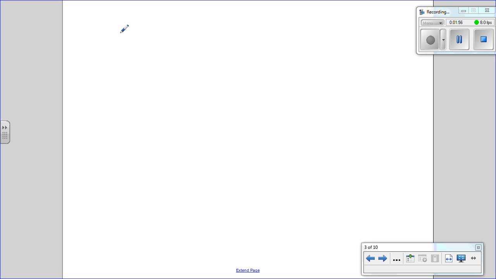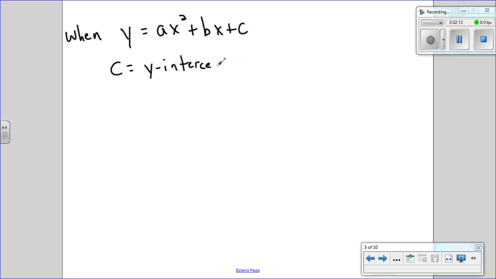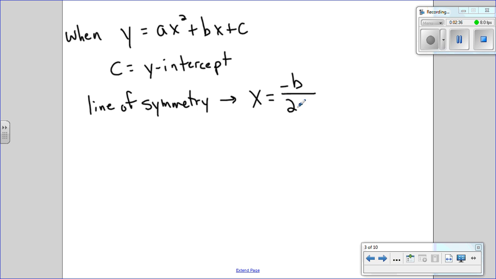So we'll start off with this. If you have the equation ax squared plus bx plus c, the things you want to pay attention to: c is the y-intercept. The next thing we can find out about this equation is the line of symmetry, and that is located where x is equal to negative b divided by 2a.